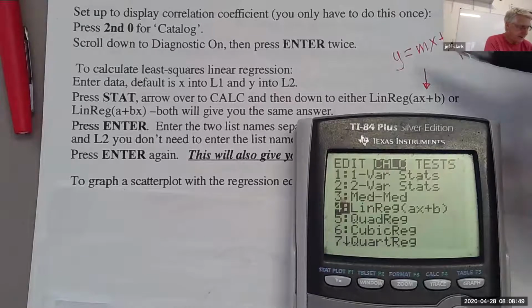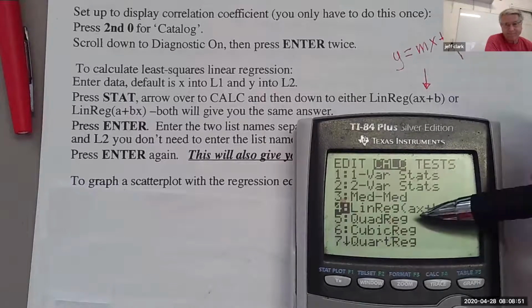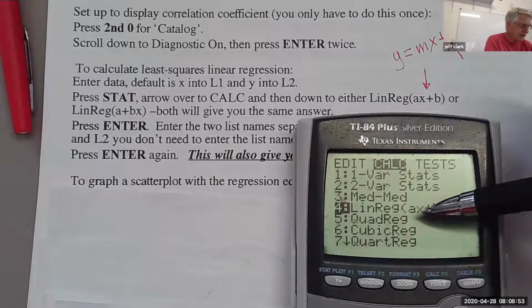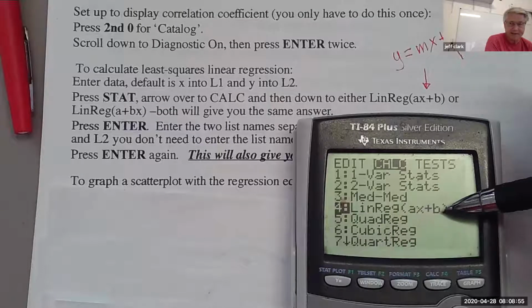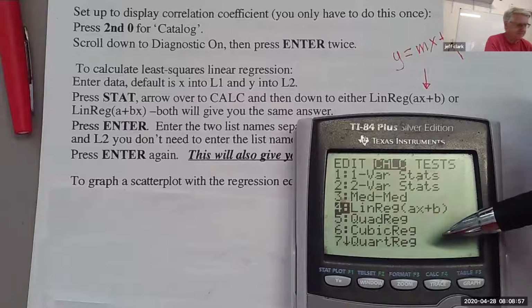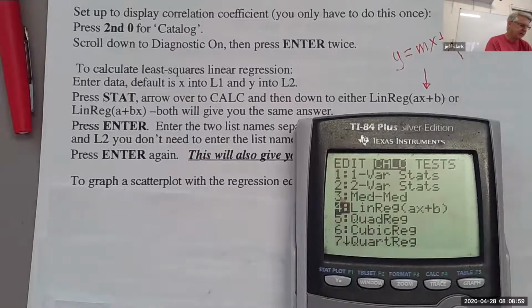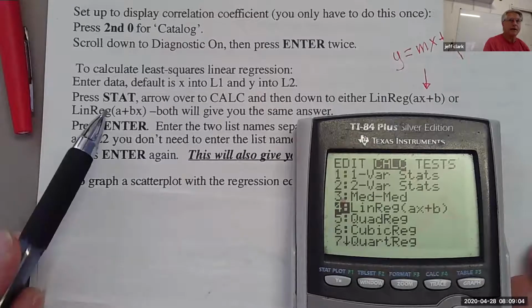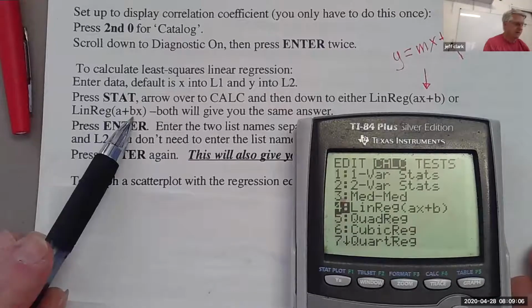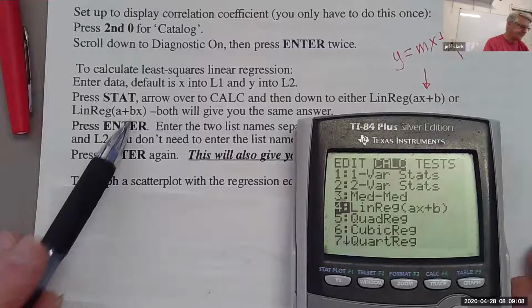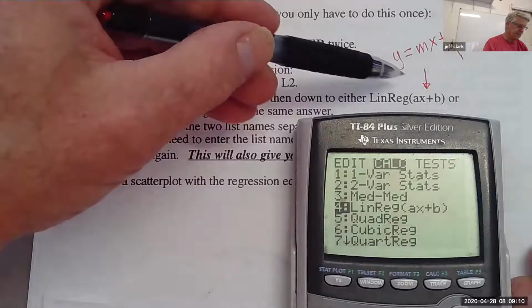Well, this calculator says a represents the slope. So this is y equals ax plus b. A is the slope, that's the steepness of the line. So it feels better than doing this one where the b is looking like the slope instead of the y-intercept. So choose that one. Hit enter.